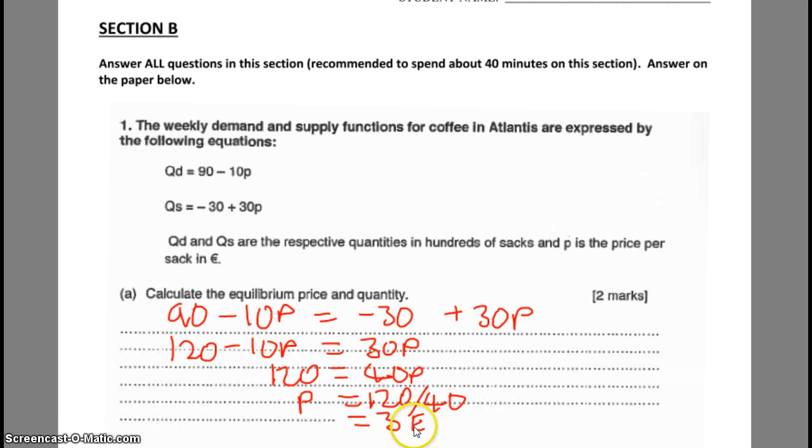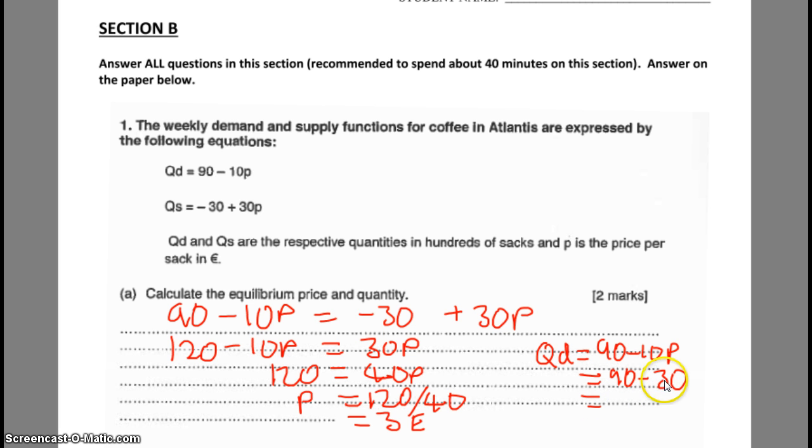Okay, and we also needed to work out the quantity, which one or two of you forgot about. So we just substitute the 3 now into one of these formulas. I'm going to do it for quantity demanded. So 90 minus 10p equals 90 minus 30.